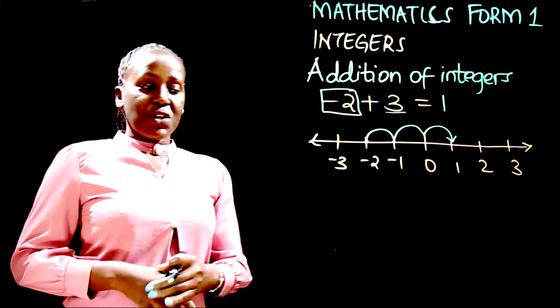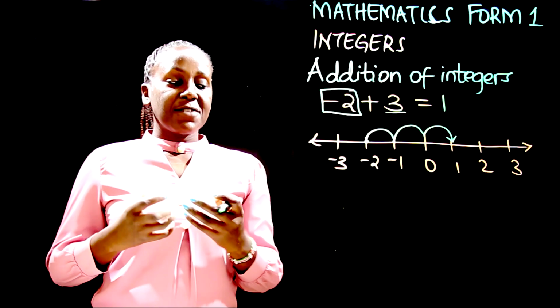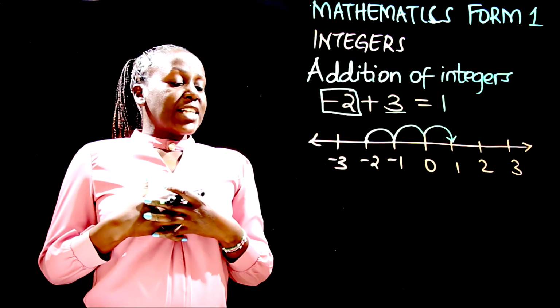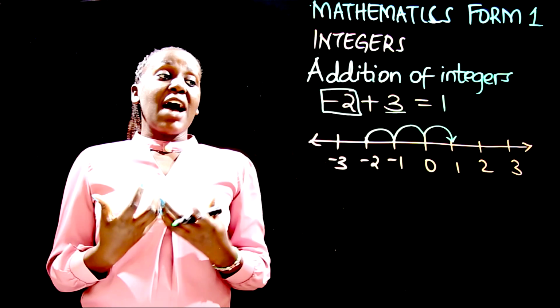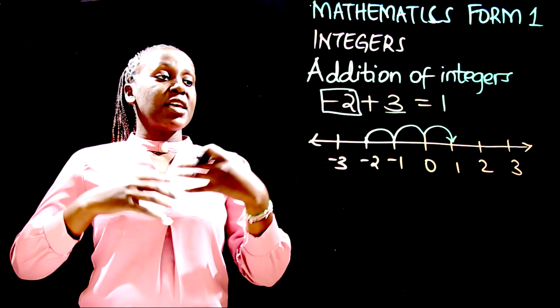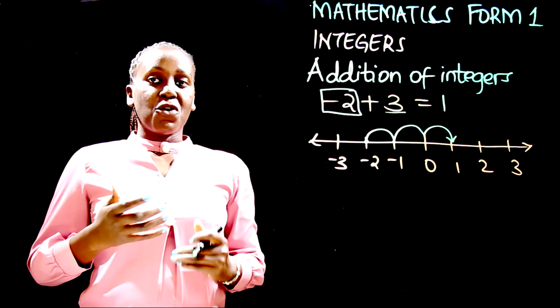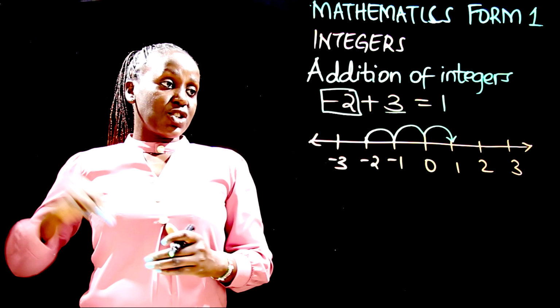So how would you reason this out? Remember what we said, that we treat negative as debt. So let's say you are going to the shop. You have a debt of 2 shillings. So maybe you bought something and you didn't pay for it all, and you are left with 2 shillings that now belong to the shopkeeper.